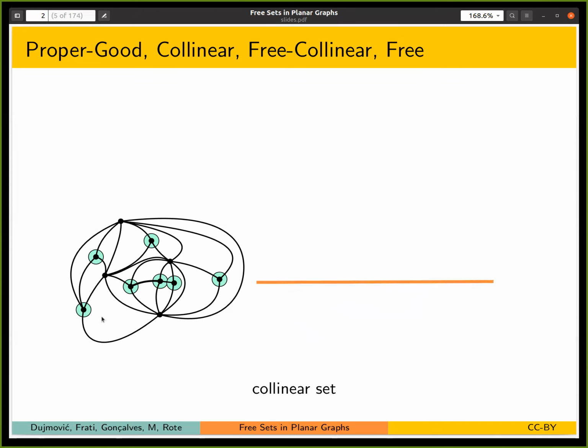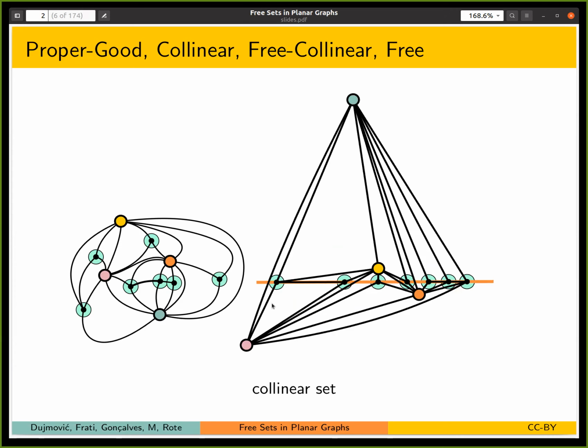You take a set of vertices in your graph and some line, your favorite line, maybe the x-axis, and you ask, does this graph have a drawing? But now it's going to be a straight line drawing, so a Fáry embedding of your graph, where all of those vertices end up drawn on that line.